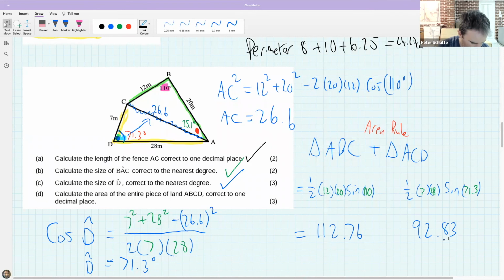When we add them together, we should get 205.6, and that will be meters squared.